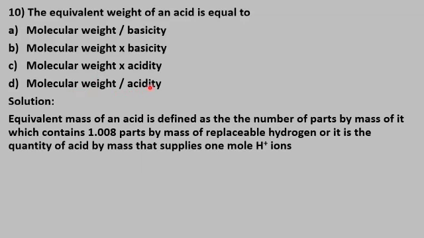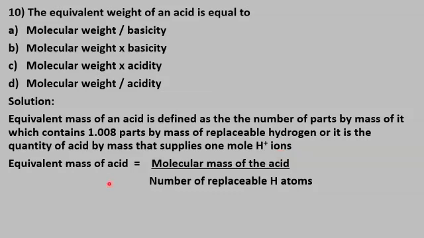Solution for this. So we know that equivalent mass of an acid is defined as the number of parts by mass of it which contains 1.008 parts by mass of replaceable hydrogen, or it is the quantity of acid by mass that supplies 1 mole H+ ions.